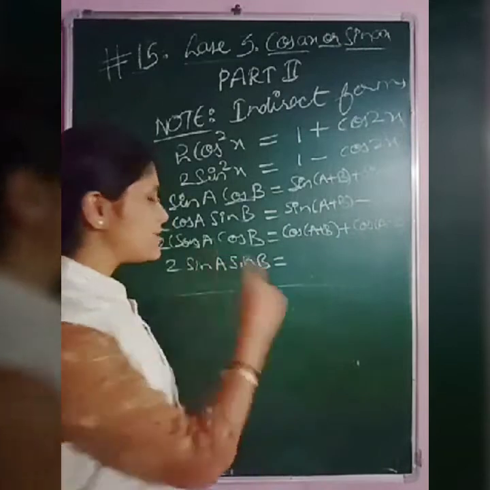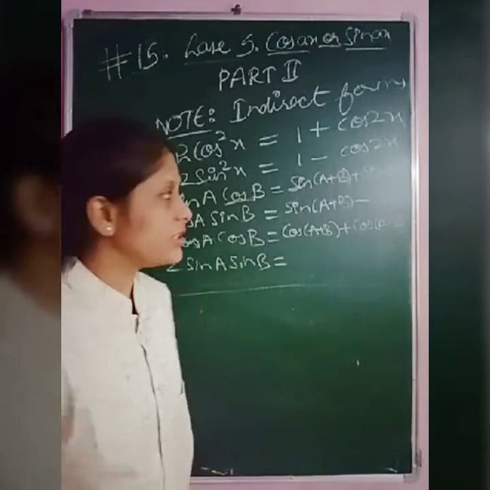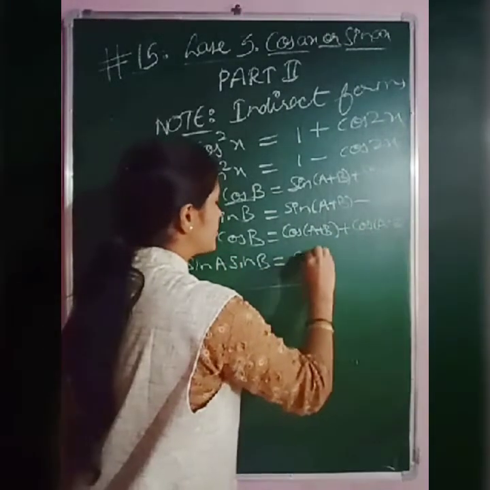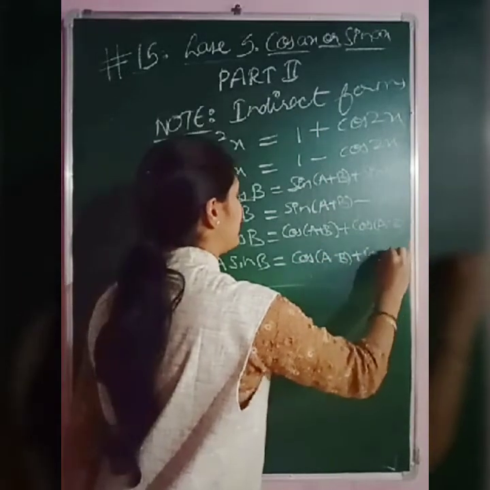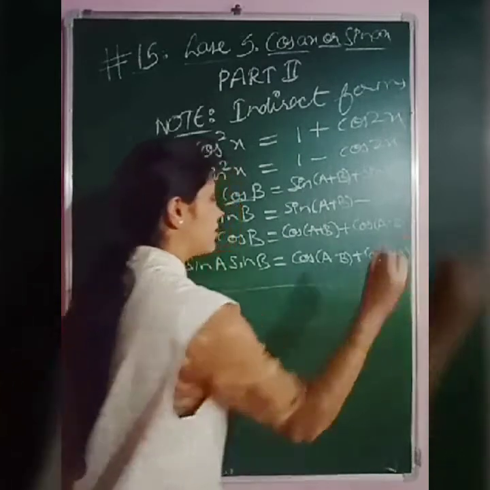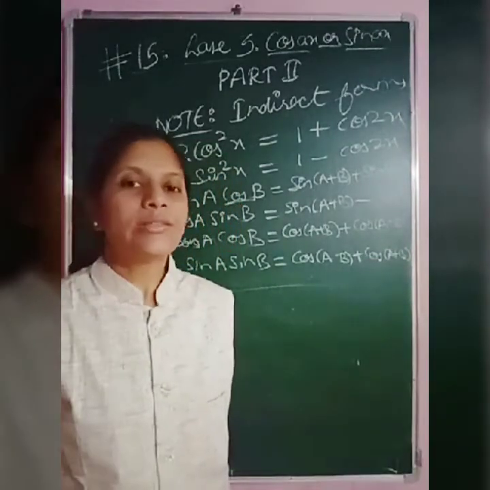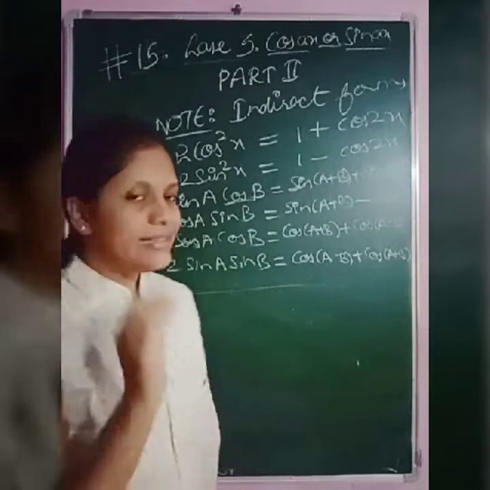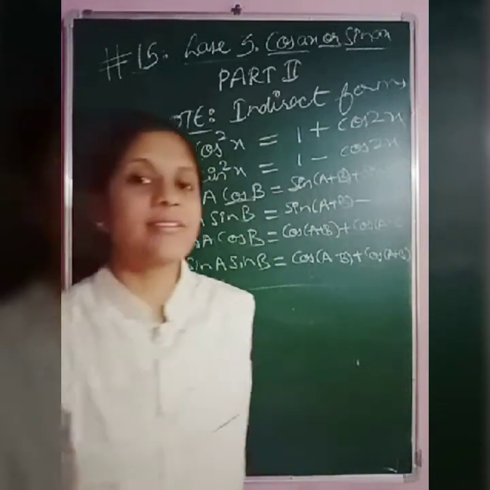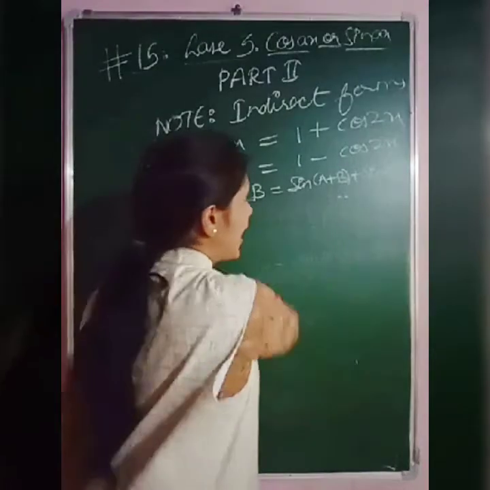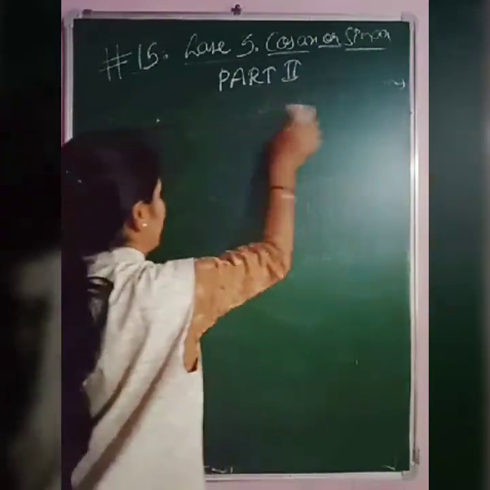Now sin sin, so it comes in cos. What is that? Cos(A minus B) minus cos(A plus B), right? So these are all the indirect forms which we'll be seeing. Sometimes they can ask in indirect forms and sometimes they can give direct forms.